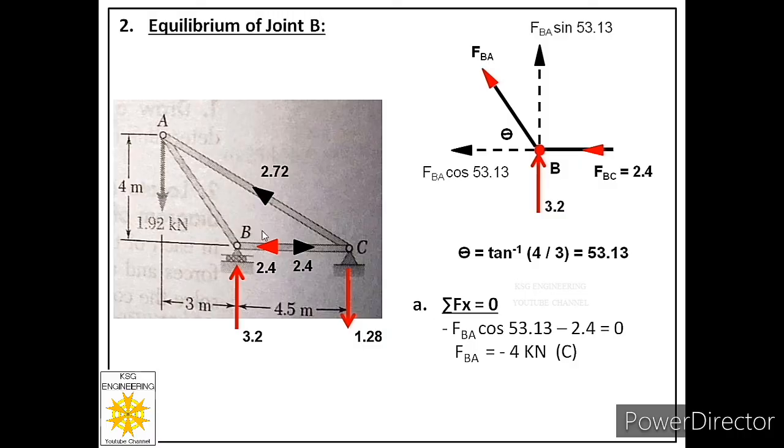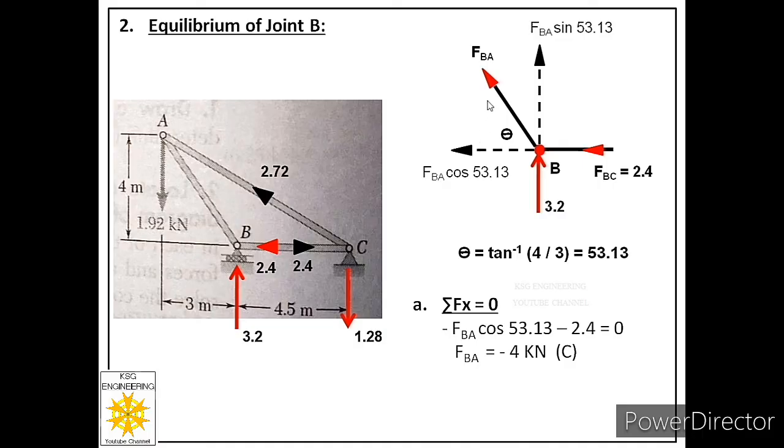So we have found the force in the last member FBA, and we have found the magnitude as 4 kilonewton, and we have found that it is a negative force. What is the meaning of a negative answer over here? That means FBA is not a tensile force. We considered at the start that FBA is a tensile force, but we got a negative sign over here.